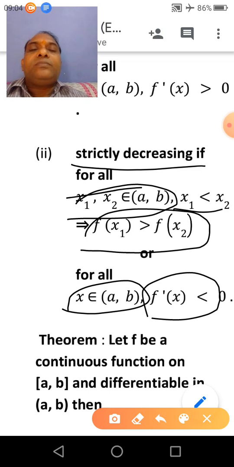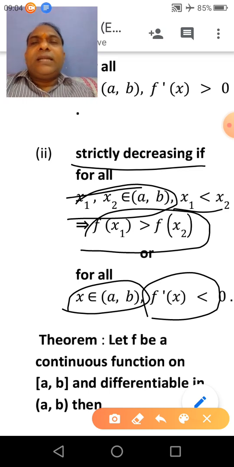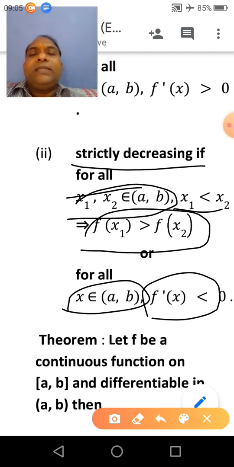Clear? So simply we can say that if f dash x is greater than 0, then the function will be strictly increasing in the interval. Clear? And if f dash x is less than 0, meaning negative, then the function will be strictly decreasing.